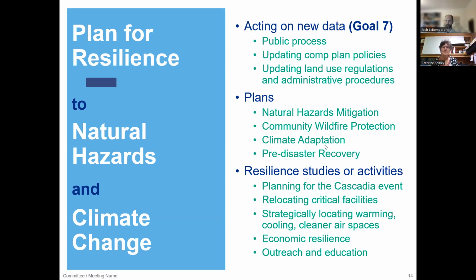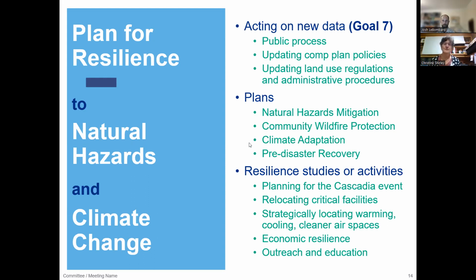On the natural hazard mitigation plan, those also include wildfire protection plans, climate adaptation plans, and pre-disaster recovery plans. And all of those can be incorporated into one umbrella. So maybe you have all those plans, but they're not integrated. Maybe you're missing one of the pieces. So those are projects you can consider.